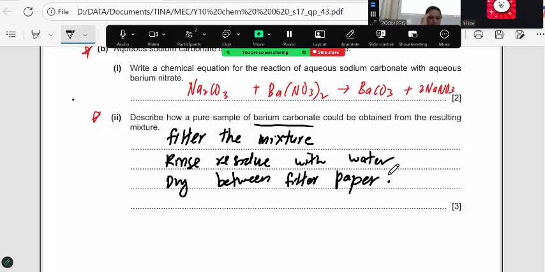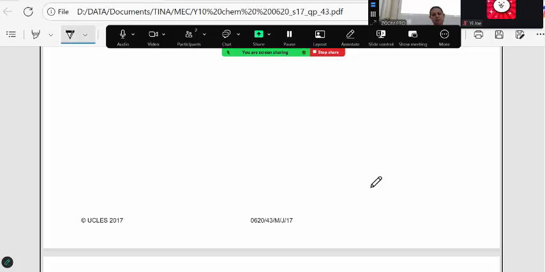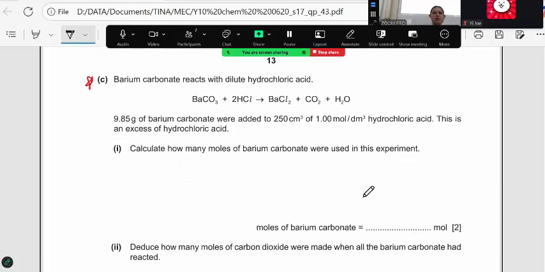Barium carbonate reacts with dilute hydrochloric acid, 9.85 gram of barium carbonate. First, how much barium carbonate was used? 9.85 over 197, so you get 0.05 mole.